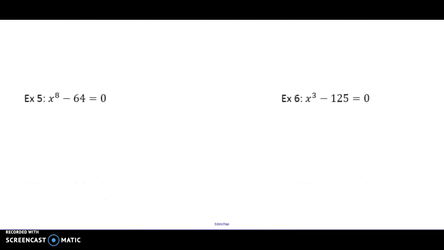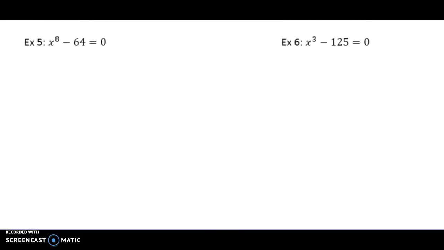Next one. Do number 5. How many x-intercepts could we have? 8. But sometimes they come out to be imaginary.